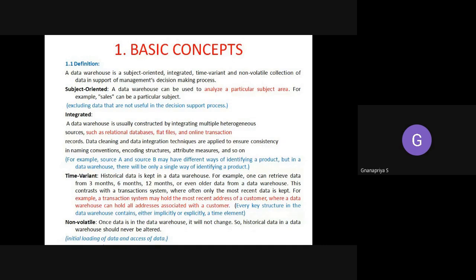Online transaction data in the sense we do an online purchase, where we select the product, we pay for the product using a banking application, either using a credit card or debit card. So therefore, we may not always expect the data to be in relational database format.